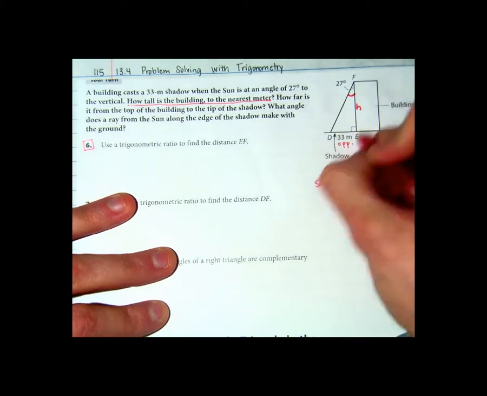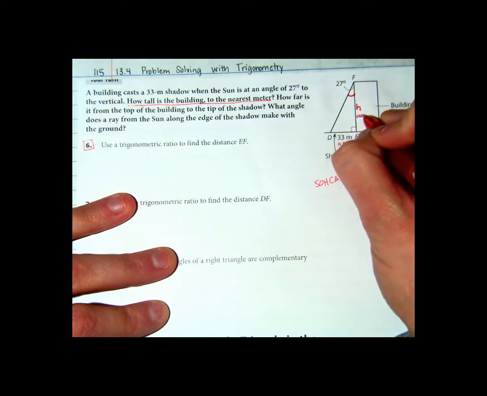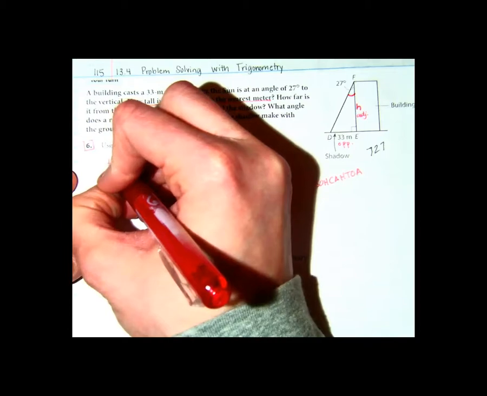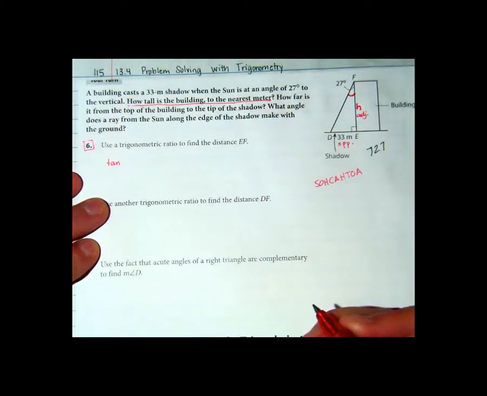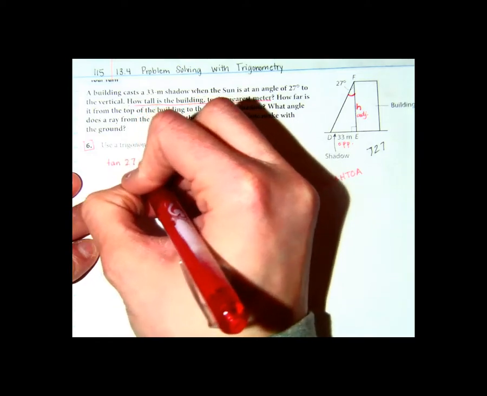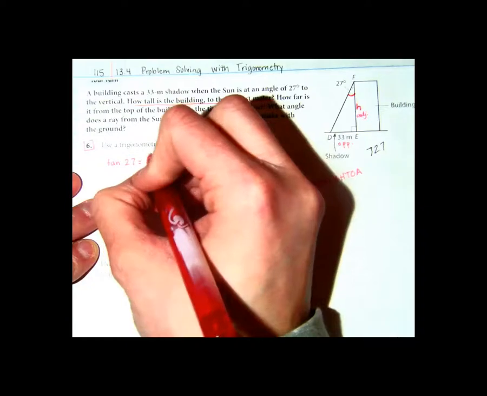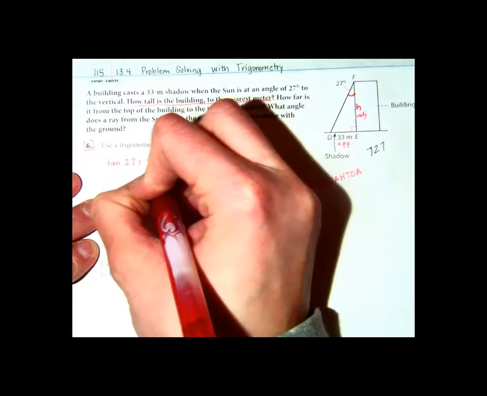Opposite. And what is H? So which one am I going to use? Tangent. Tangent of 27 equals, what is the opposite over what's the adjacent?